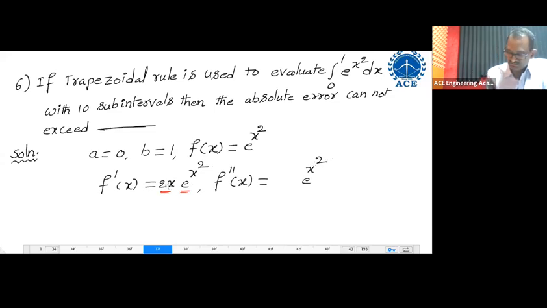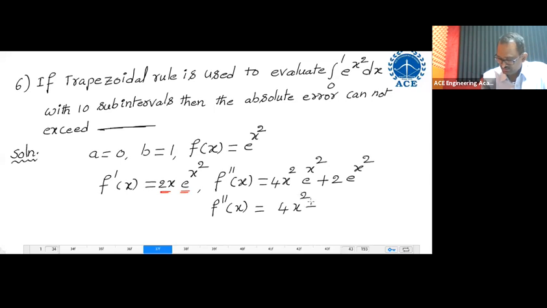That 2x into this 2x, 4x square, plus u v derivative plus v u derivative. 2x derivative 2 e power x square. So f double dash x is equal to, e power x square is common, take it out, (4x square plus 2) into e to the power of x square.